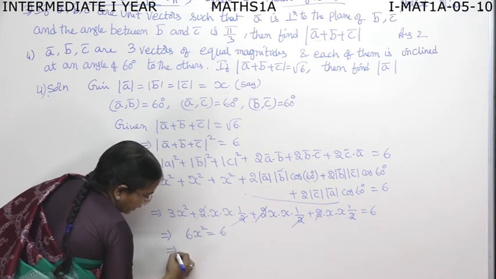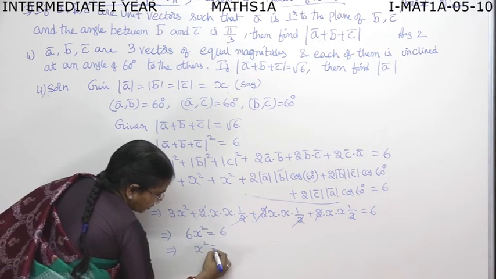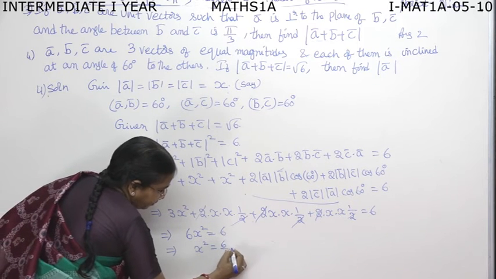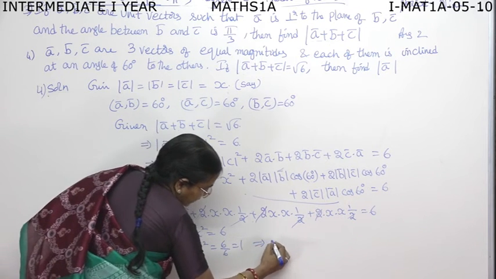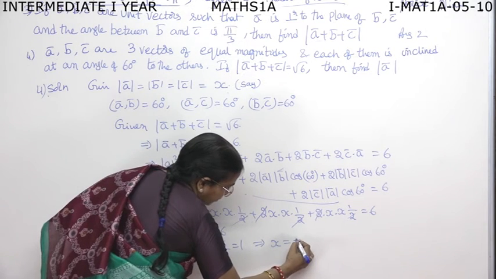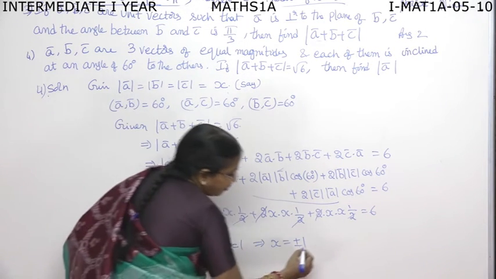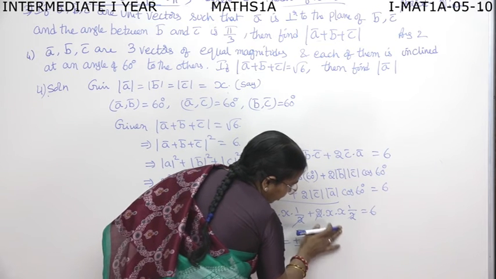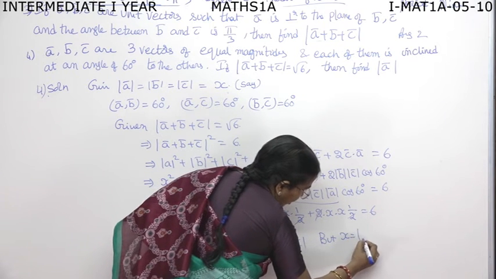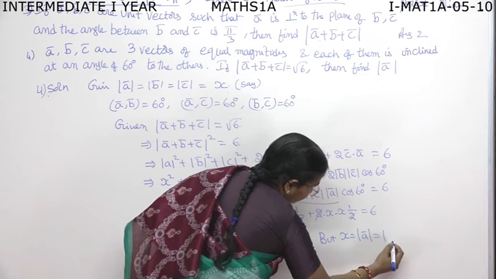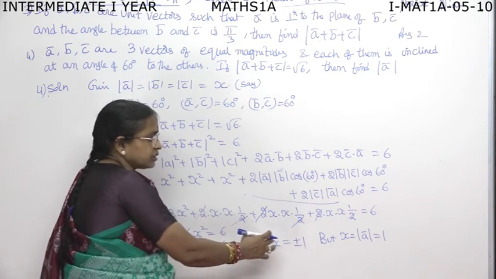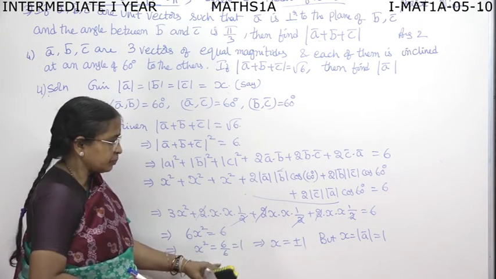So that means x square is equal to 6 by 6, that is 1. So that means x is equal to plus or minus 1. But modulus x is what? X is modulus of A. X is mod A. Mod A is always positive, because modulus of any vector is positive.